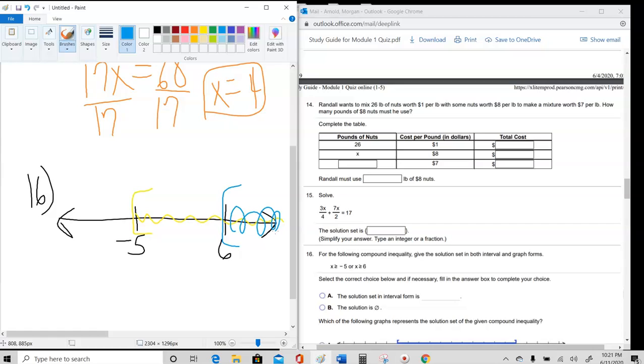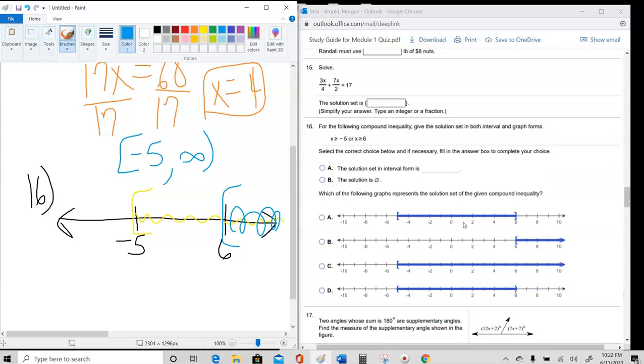Now the key word is or, and or means you include everything. So that means we start from -5 brackets, and since we're going towards positive forever, we use positive infinity. So that is our solution set in interval form.